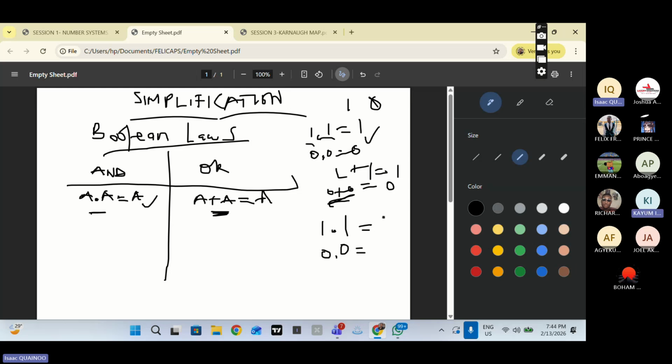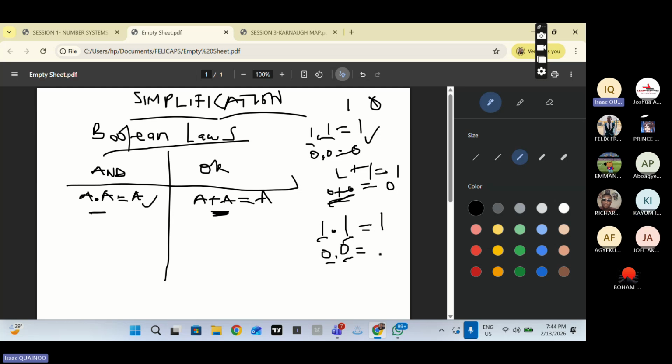So you have 1 and 1 giving you 1 because both inputs are true. When you take 0 and 0, the criterion is that both inputs should be true in order for our output to be true. So if even one input is not true, our output will be false.